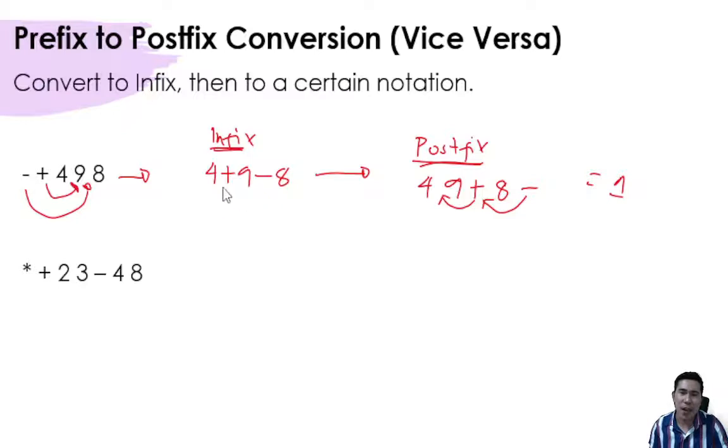Same thing right here. 4 plus 9 is actually 13, minus 8. What happened? Why 1? 4 plus 9 is actually 13, minus 8.